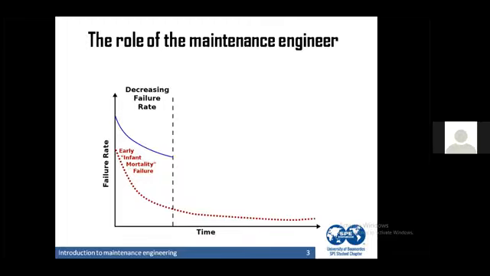This curve is a mapping of three different curves. The first curve is the early or infant mortality failures. We have these failures generally when we are manufacturing our equipment.